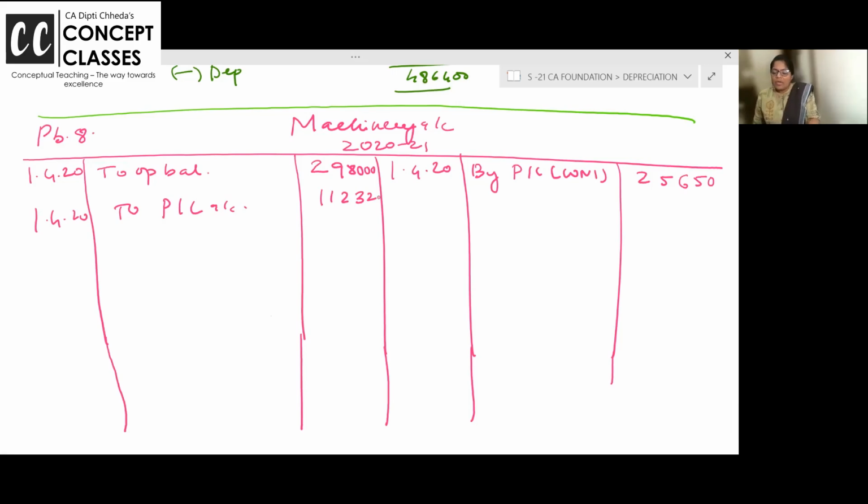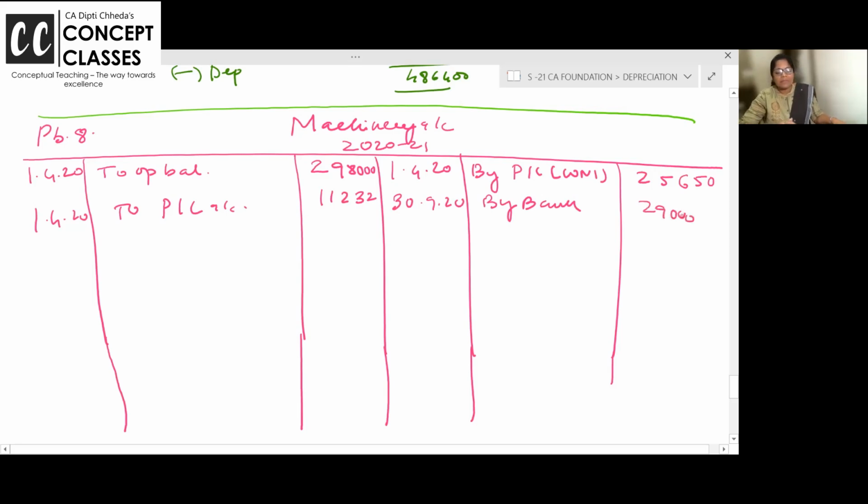Now, after this, during the current year, on September, a machine which was costing 40,000 was sold for 29,000. So in 2020, a machine is sold for 29,000.